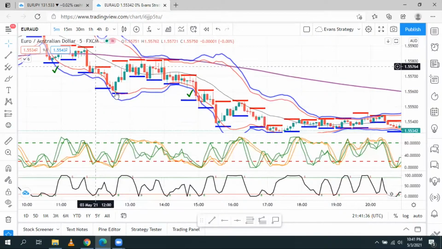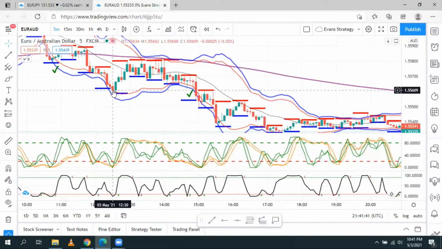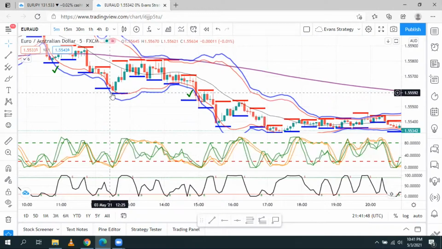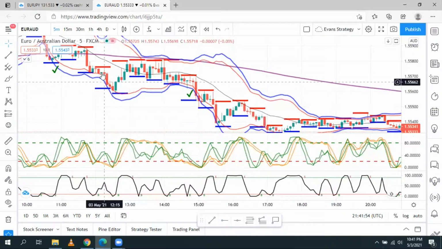So once you see the market around that lower bound, we are expecting a reversal, right? But we can't just take a call just yet. We have to look for other confirmations. Let's say at this particular time, this is when the market is around this.